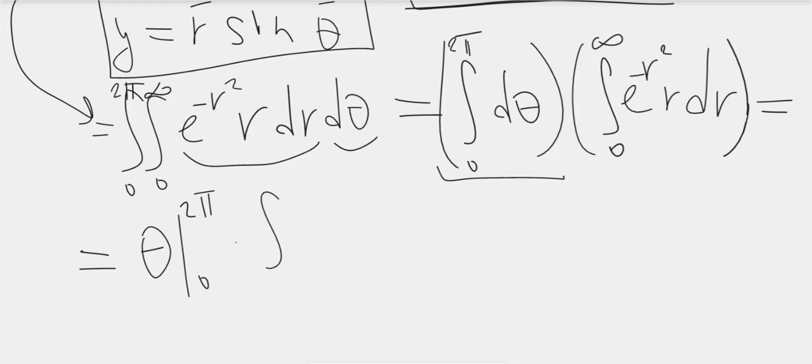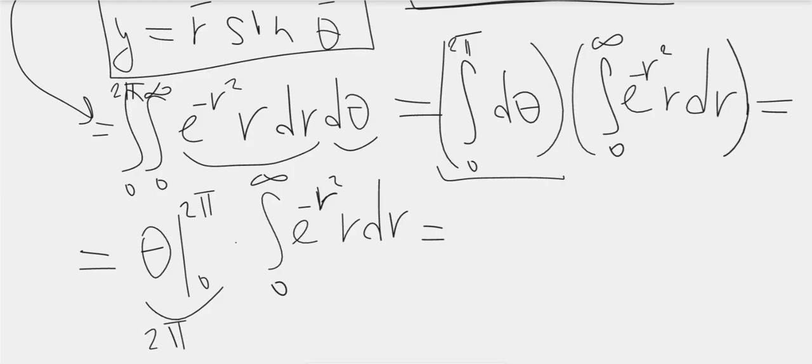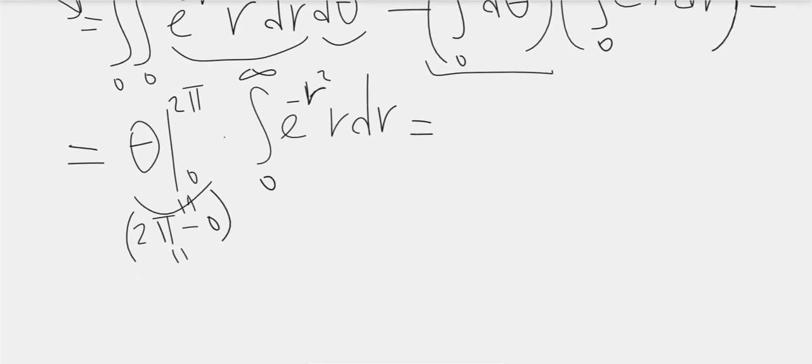Let's rewrite the second one, from 0 to infinity of e to the power minus r squared, r dr, and the first one is equal to 2 pi minus 0, right? So it's equal to 2 pi simply. So 2 pi from the first integral, and now in the second one we are going to make another substitution.